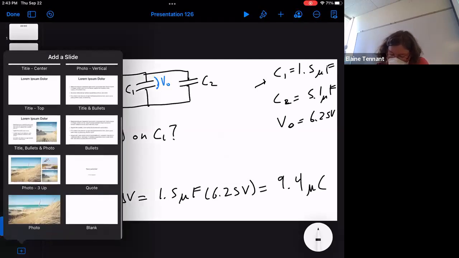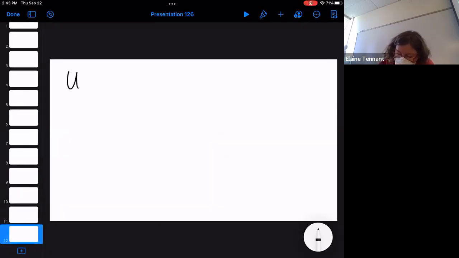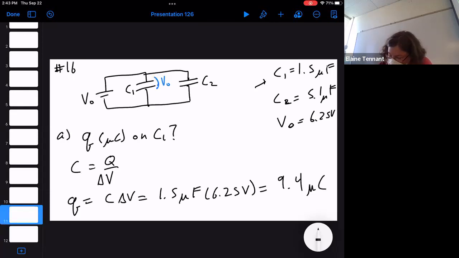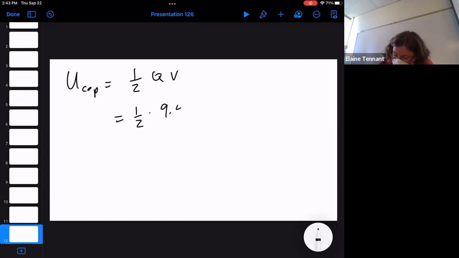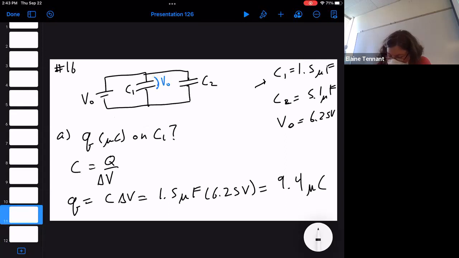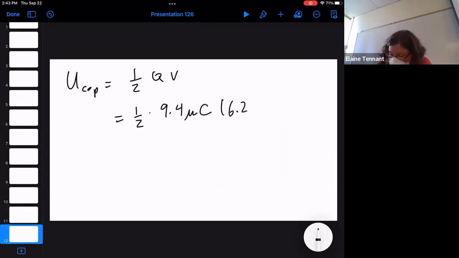But yes, 1/2 QV is a good one. Potential energy on capacitor, 1/2 QV. And so that's 1/2 times 9.4 microcoulombs. Our V is the same, 6.25 volts. And luckily they do ask us for the energy in microjoules. So just keep a hold of this micro and don't stress too much about it. And that'll give you 29.3 microjoules.